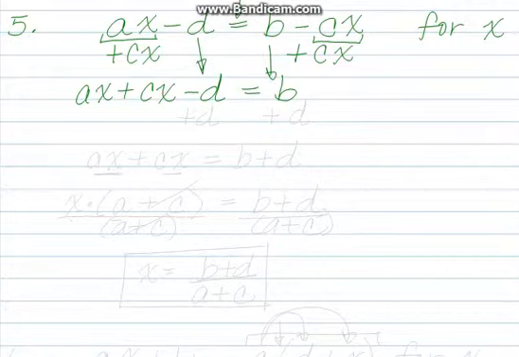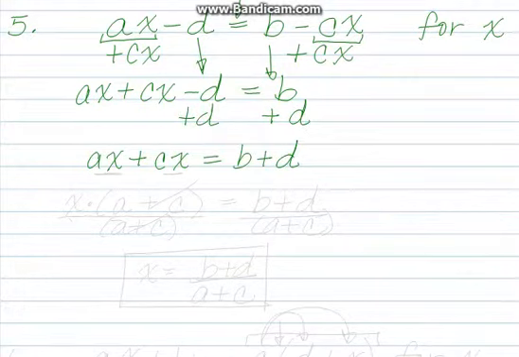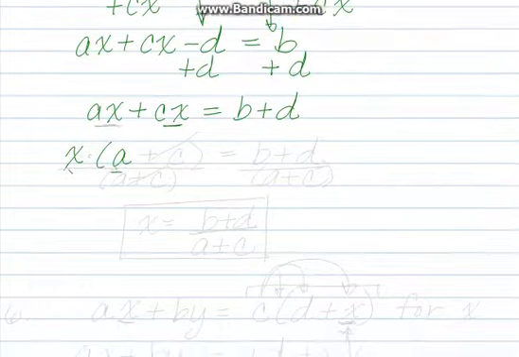Now we want to try and get X by itself. So I would move the term that doesn't have an X to be with the other term without an X. So I have AX plus CX is equal to B plus D. Now that I have all my x's on one side of the equation, it's still in two spots. So we'll undistribute or factor like we did before. X times A gets me AX.